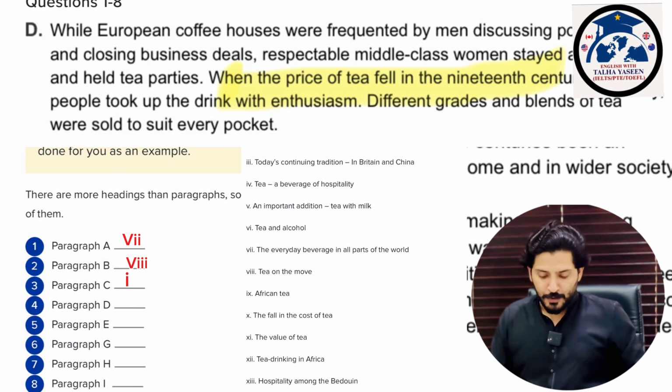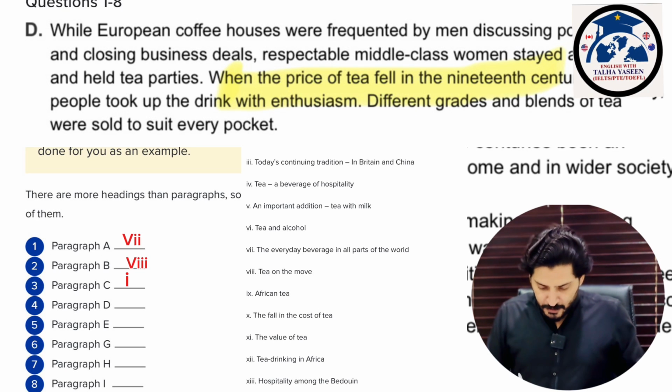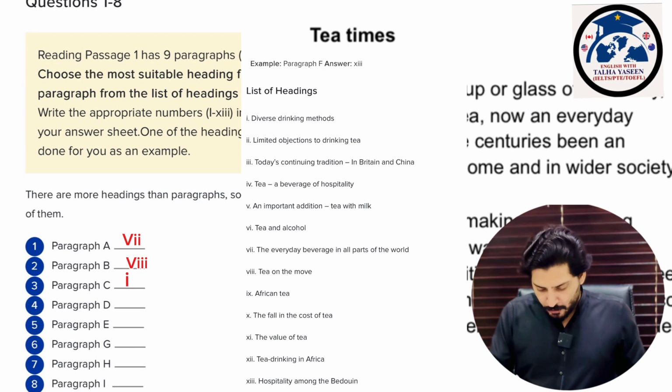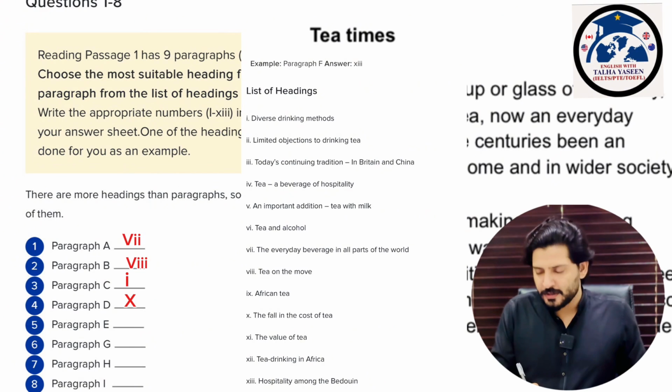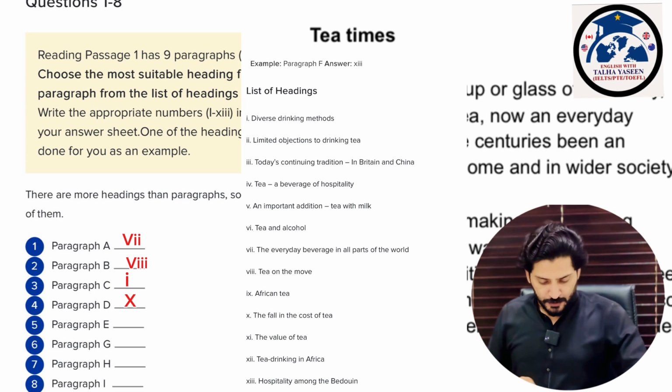He mentions the price of tea fell. What would be the answer? Yes, the fall in the cost of tea. We will write 10 in front of D. This will be our right answer. You have marked the price of tea.